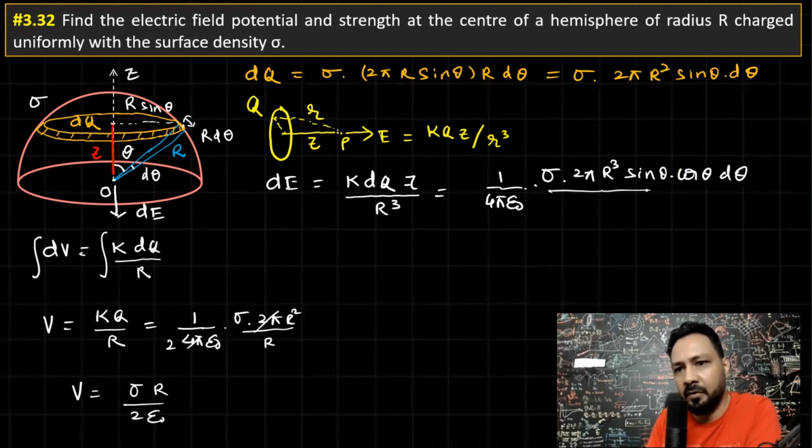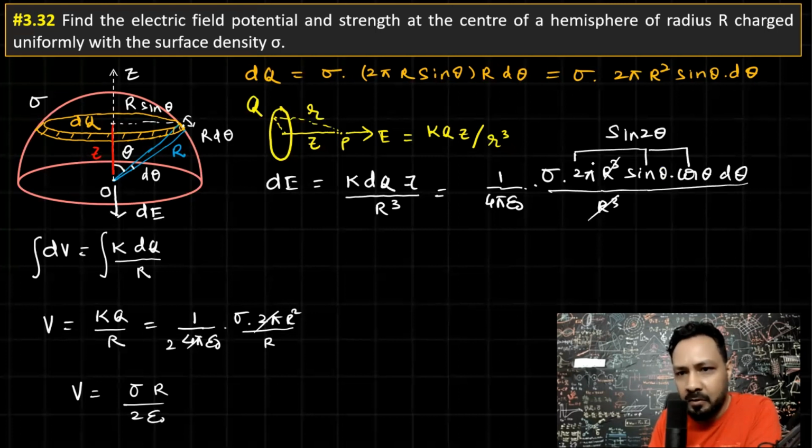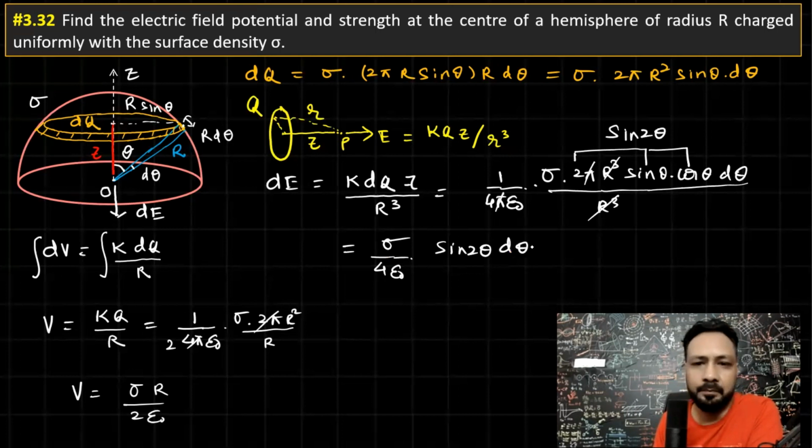In the denominator, there is r cube, so this r cube gets cancelled. And I want to use 2 sin theta cos theta as sin 2 theta. So this pi will get cancelled. That would be sigma upon 4 epsilon naught, and here sin 2 theta d theta.